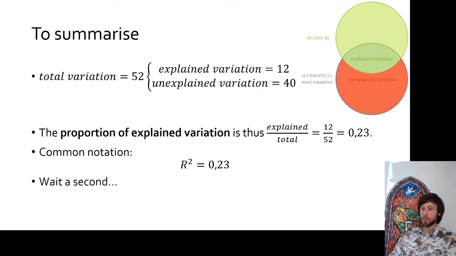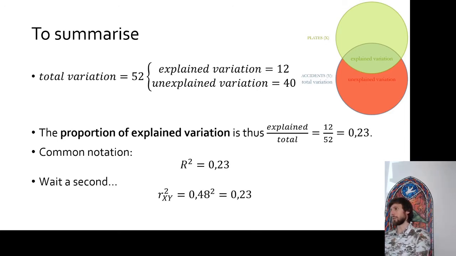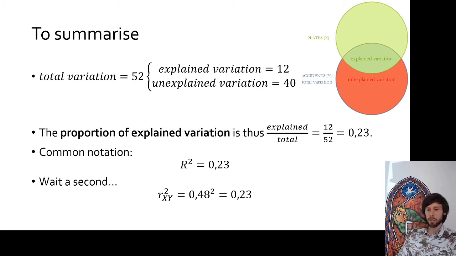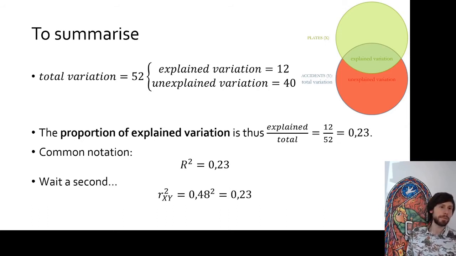As it turns out, you can actually just square the correlation coefficient, and this is also going to give you R squared. It turns out that those two things are completely related to one another, that one measure of how strongly two variables are related can perfectly be transformed into the other.